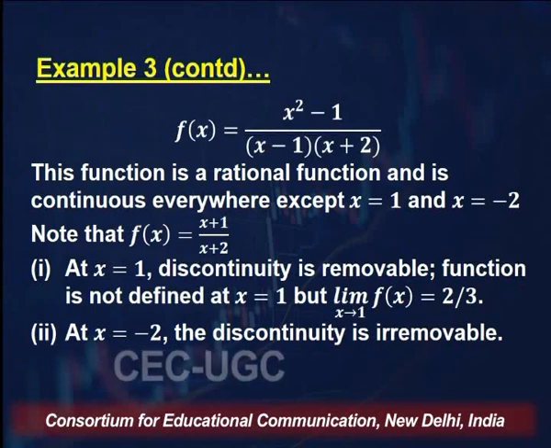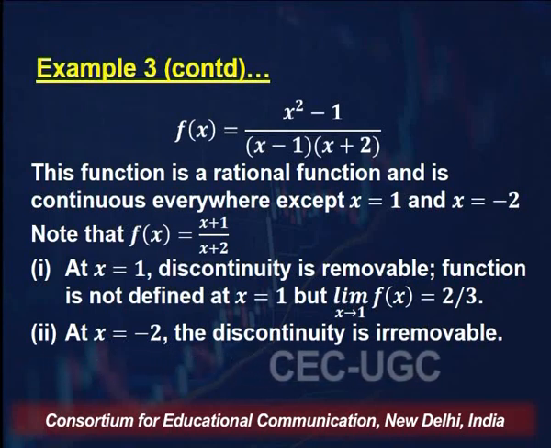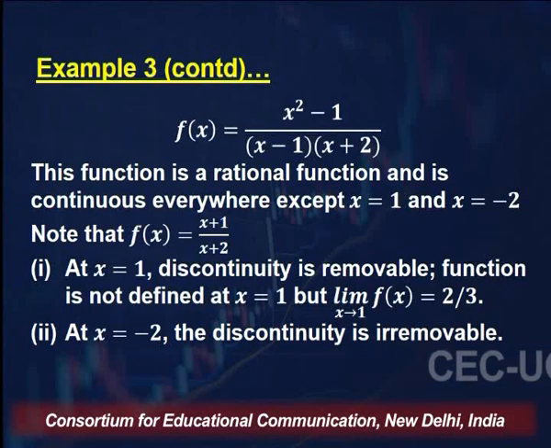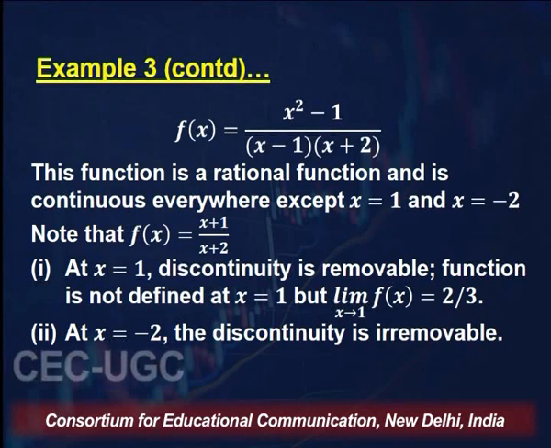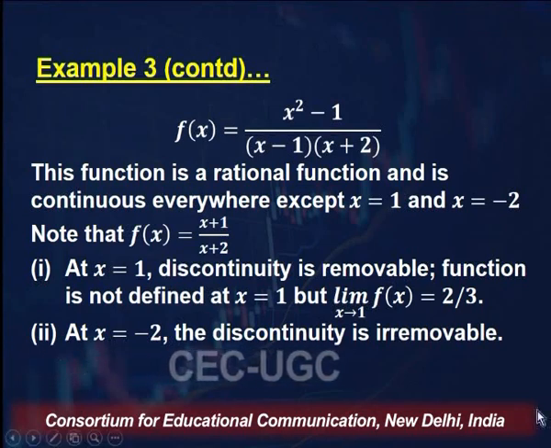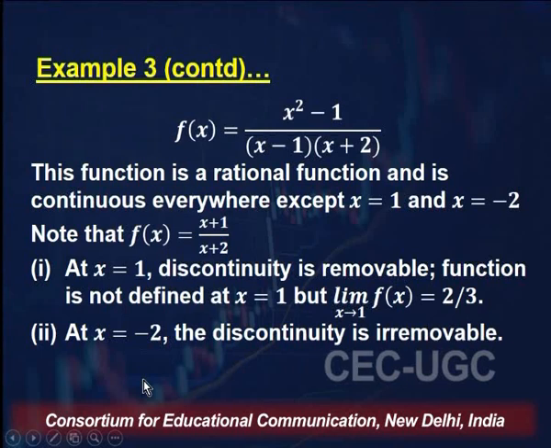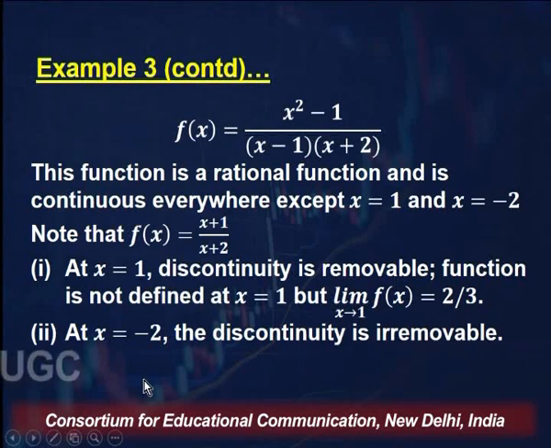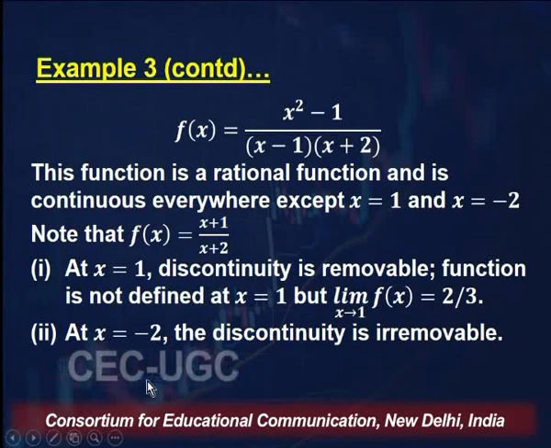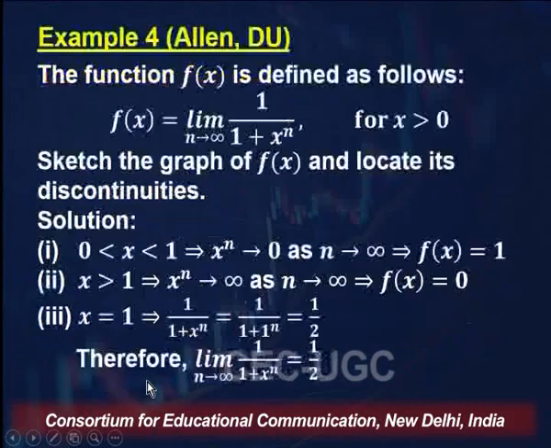And this discontinuity is the more serious one, and it is an irremovable discontinuity. So I hope you've understood the criteria that are to be used to figure out whether the discontinuity is removable or irremovable.